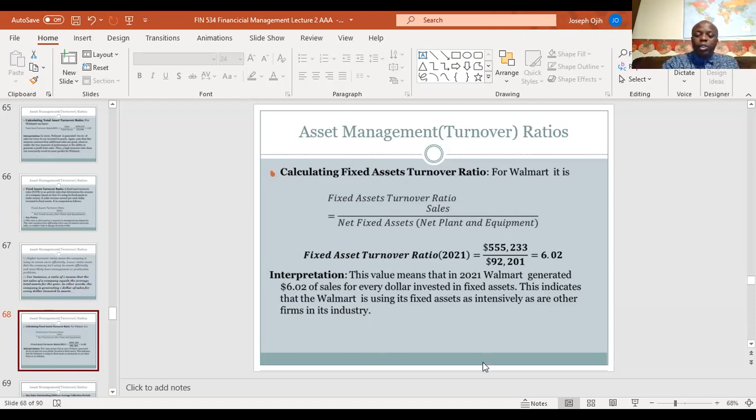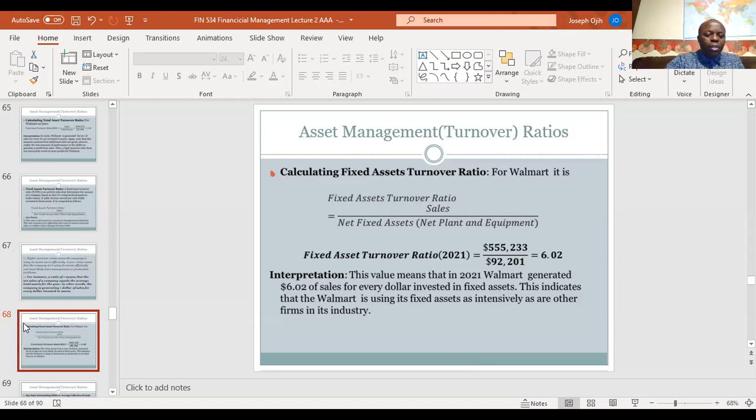Now, like I said, if you want to evaluate other companies and see how they are doing, you can calculate this ratio for all the companies you are interested in, the ones that are doing well with respect to generating sales from their fixed assets. If you have enough money, you can spread your wealth. So, like I said, ratios tell us if the company is doing well or not.